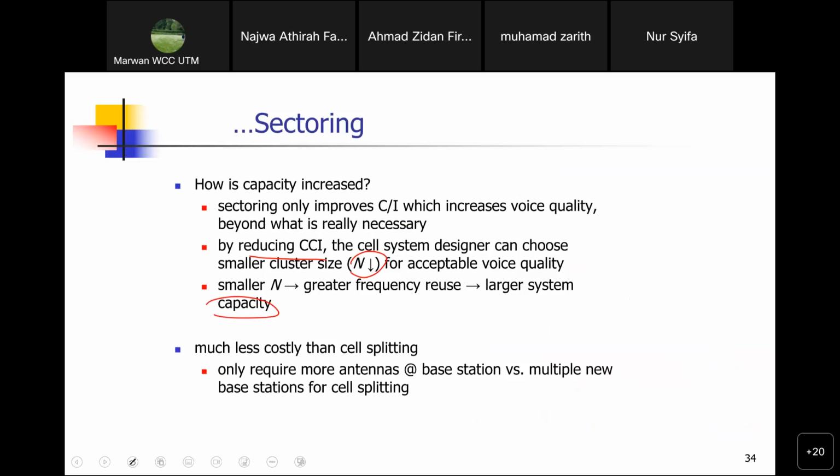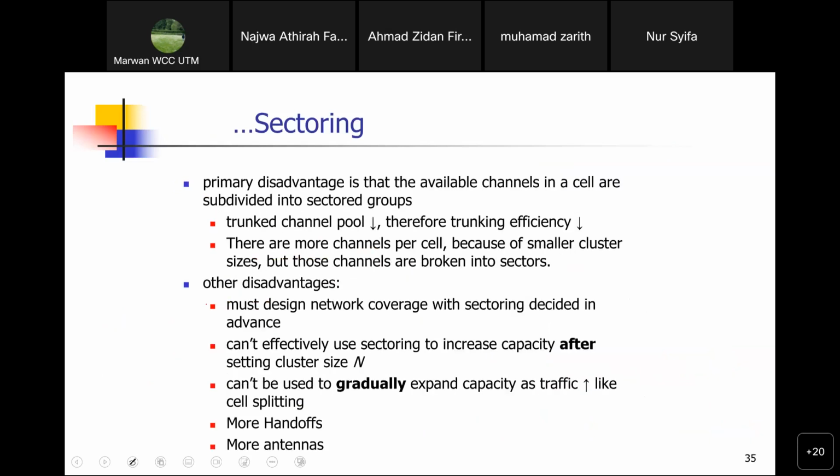You introduce sectors. Okay, it's just that there is a problem with sector trunking channels, when the number of users per sector is small. If you have one cell, you have 15 users. If you divide by 3, then you only have 5 and 5 and 5.